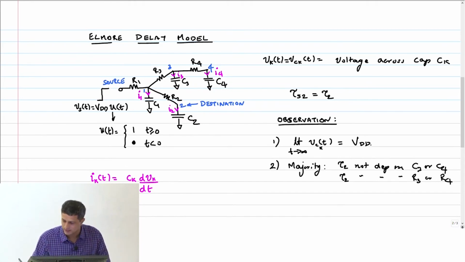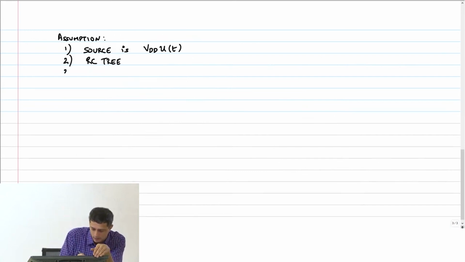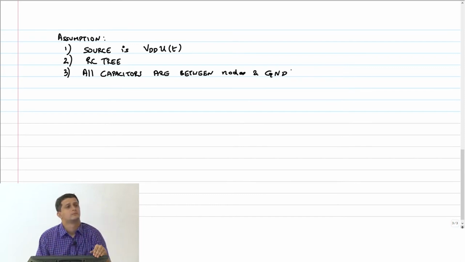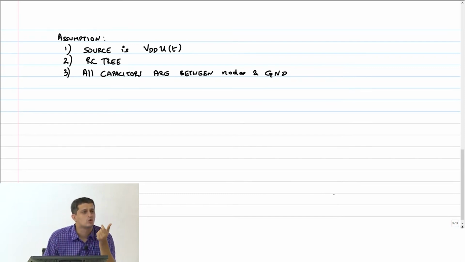And the third assumption is all caps are between nodes and ground. That means there is no capacitor in series. They are only connected through resistors. This is the necessary thing.